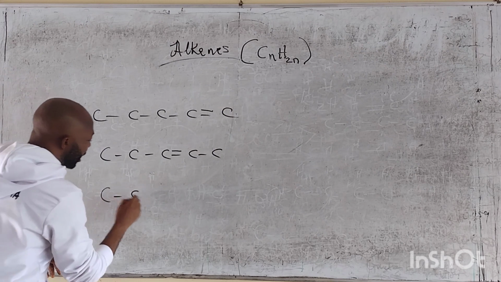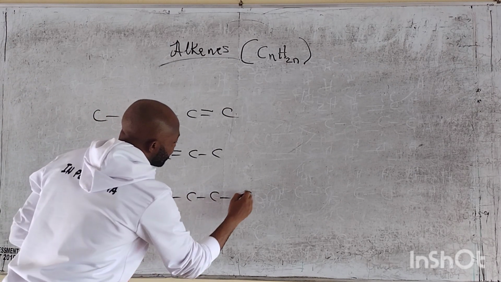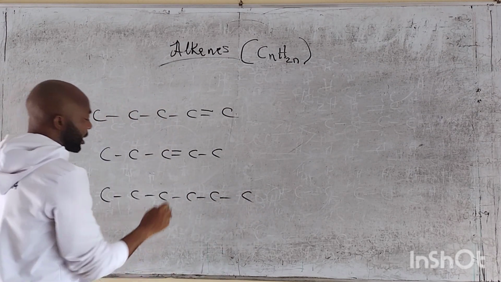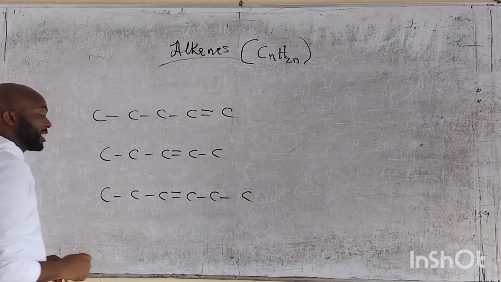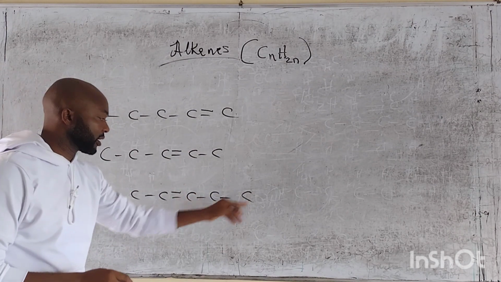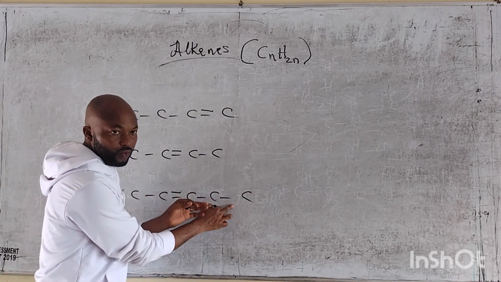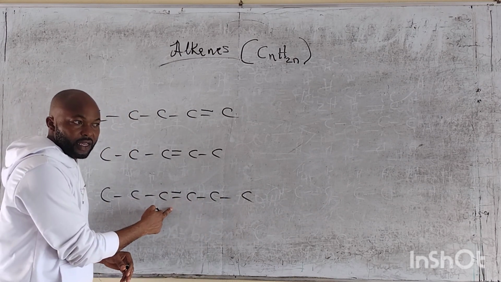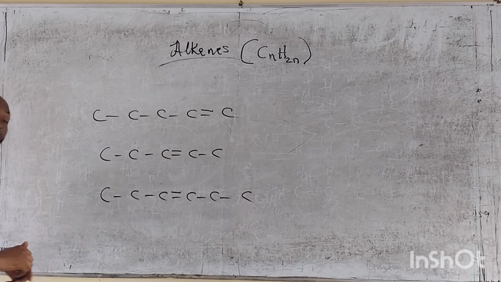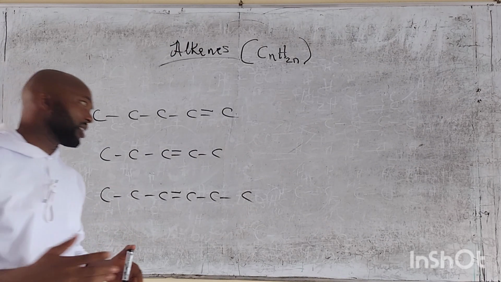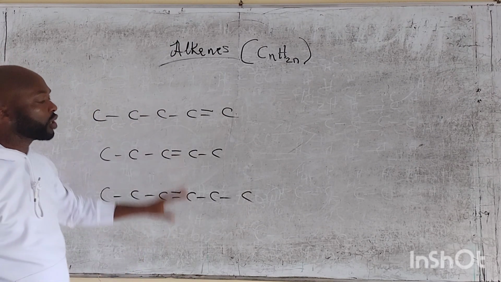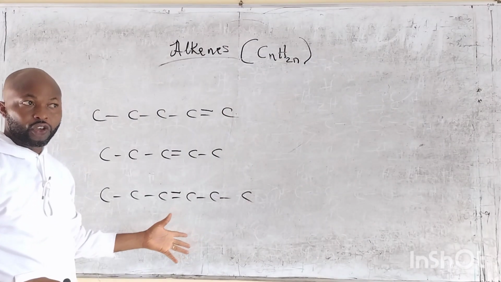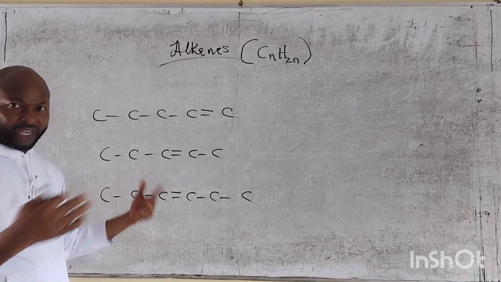If I have 1, 2, 3, 4, 5, 6, for example, and I put it in the middle, this becomes 3-hexene. 1, 2, 3, 4, 5, 6. It can be here, which is 1-hexene. It can be here, 2-hexene. It can be here, 3-hexene. So that is what positional isomerism is, which is based on the position of the double bonds. So you can do that as many as possible.